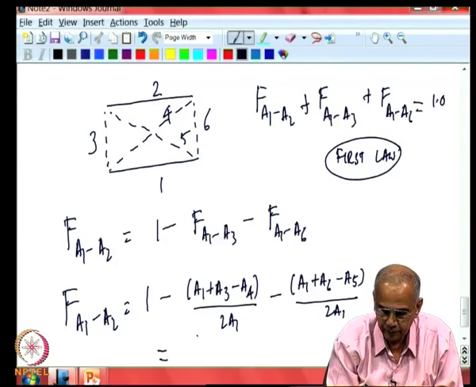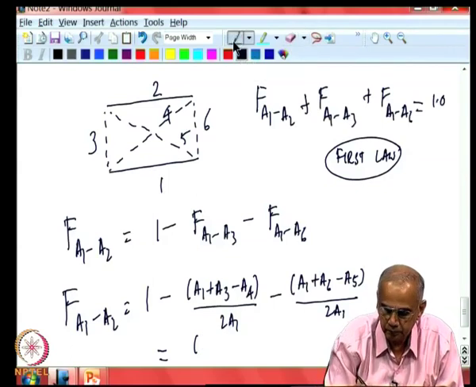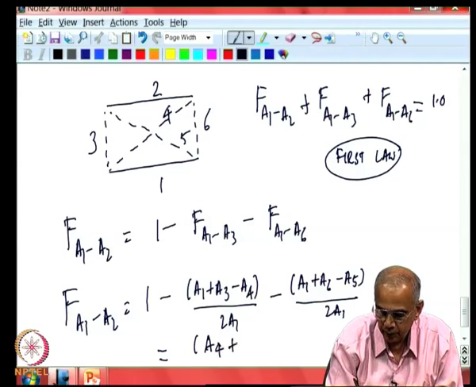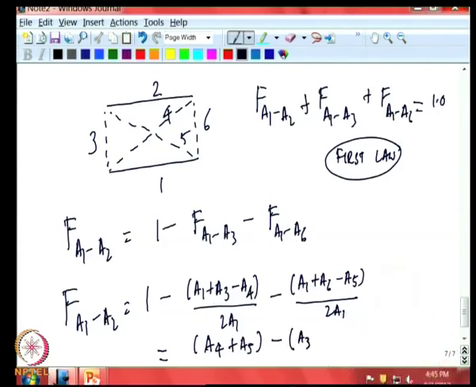So, we will get A4 plus A5 minus A3 plus A6, whole thing divided by 2A1. So, it is a very simple result which has several physical insights. So, in the next lecture we will proceed further in using this method.